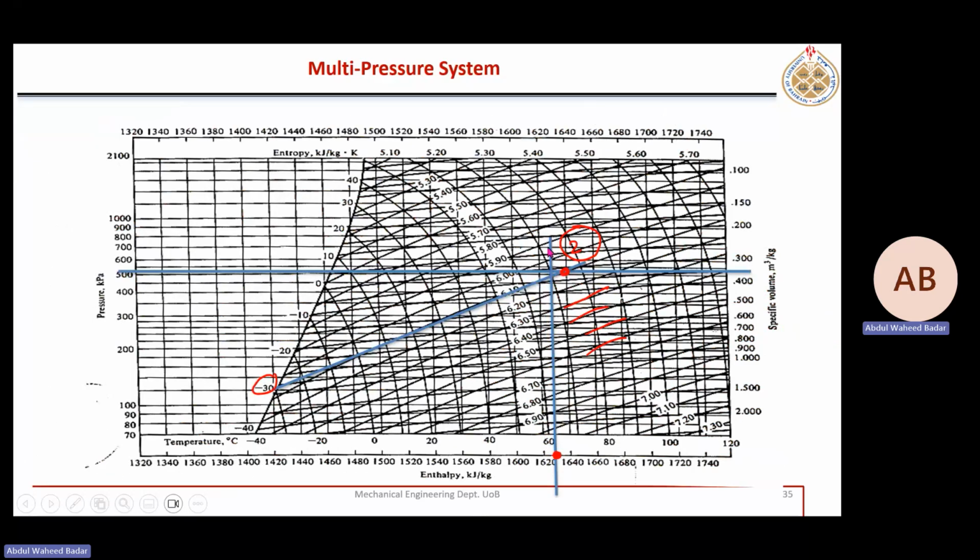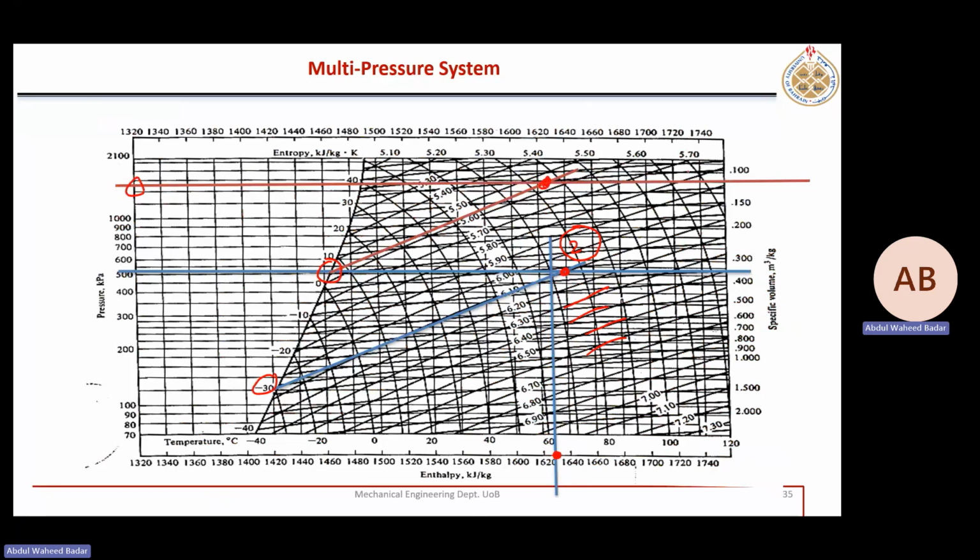So here, this was point 2. Now this was point 3 temperature, and here is the entropy line. And this is the highest pressure. I don't know how much it was, 1200, 1400, something, 1450, whatever.